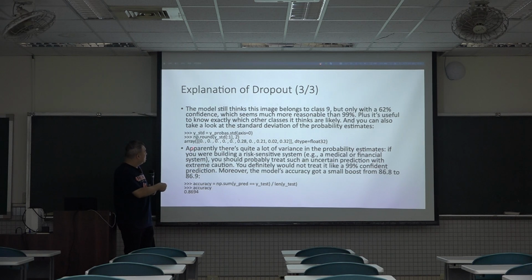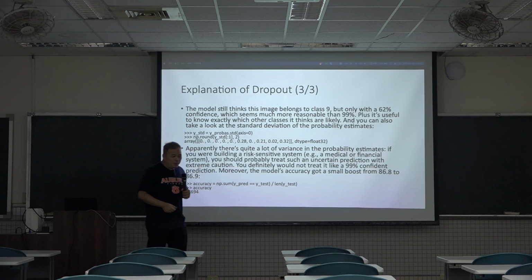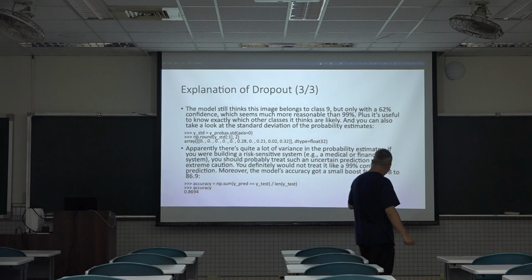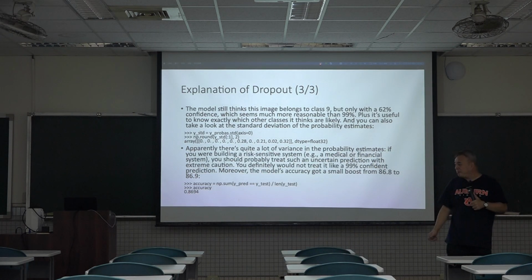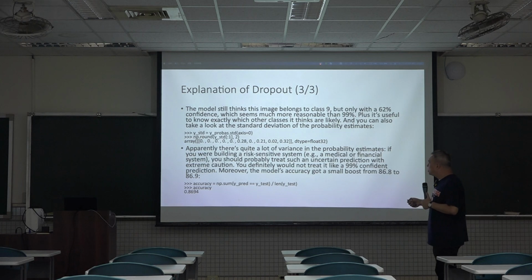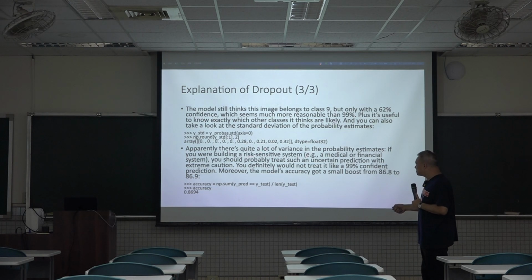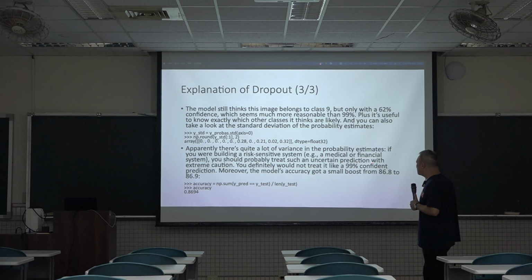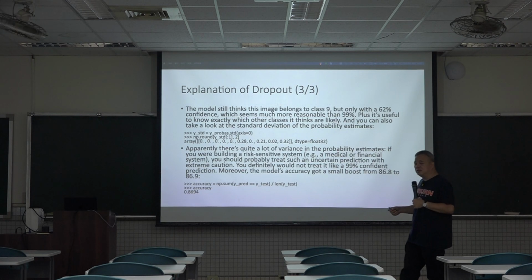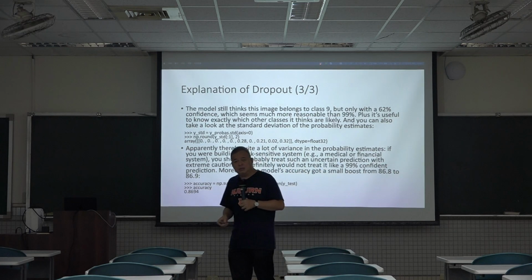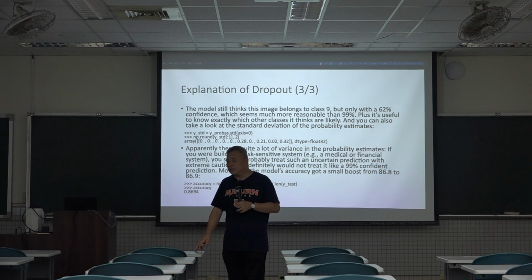MC dropout is especially important when you are building a model for a risk-sensitive system. What is a risk-sensitive system? Such as a medical or financial system. Because in a medical or financial system, a decision has a lot of consequences.